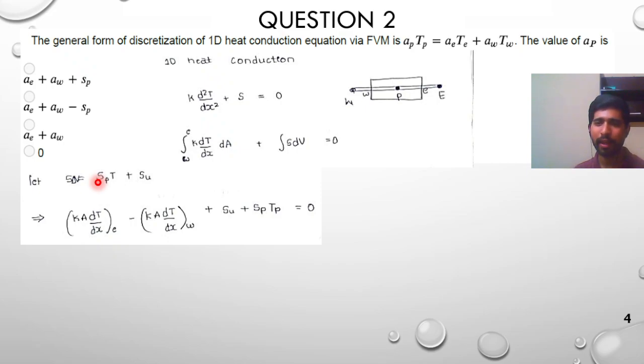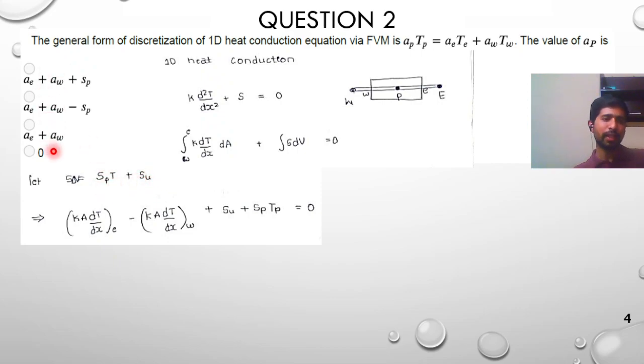Now R is a function of temperature; resistance is a function of temperature for a wire. So the heat generation can be a function of temperature. In general we write it like this: constant plus function of temperature.